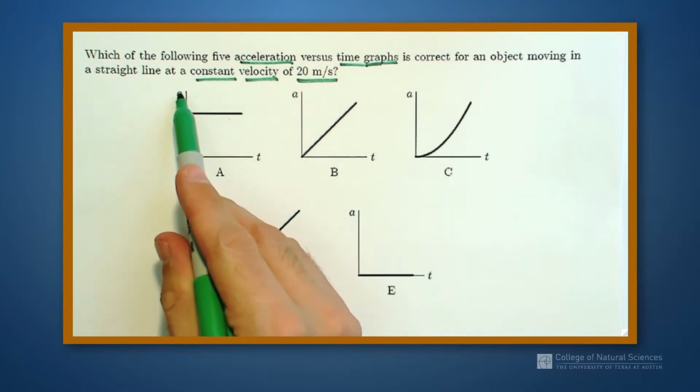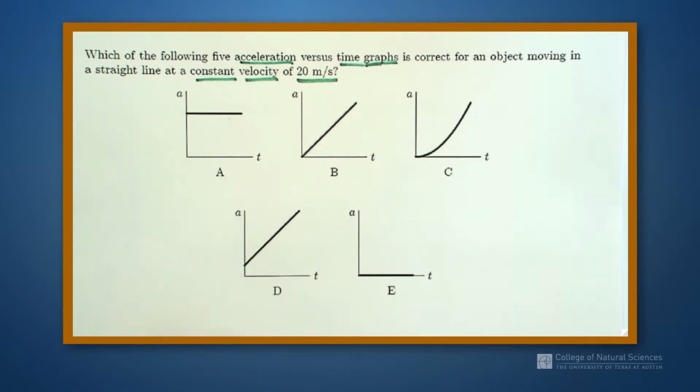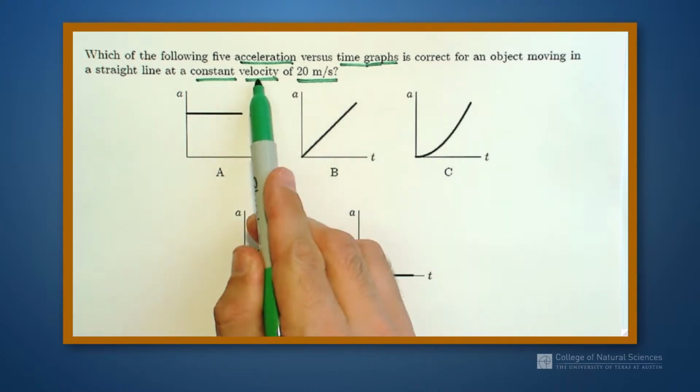So we've got to notice our coordinates. A very key thing to do in this problem is to notice that in an acceleration versus time graph, we really need to know what our coordinates are. We're looking at velocity.